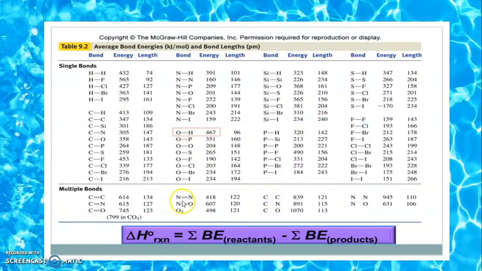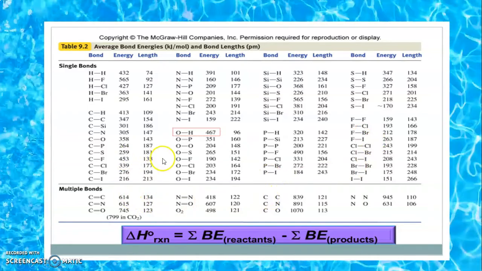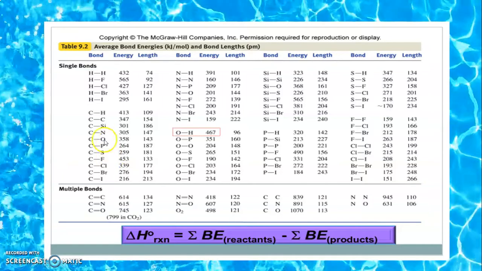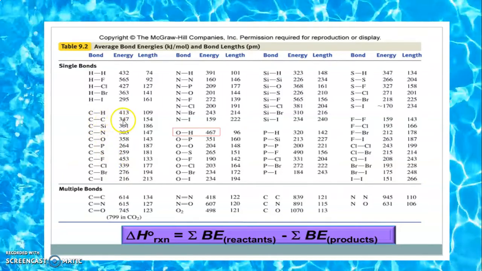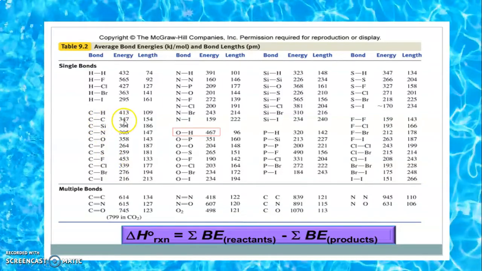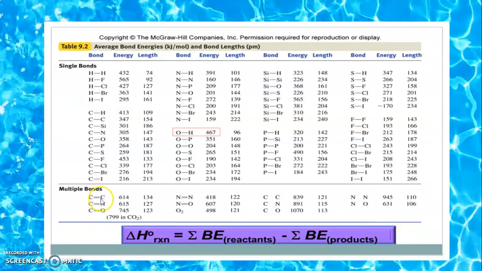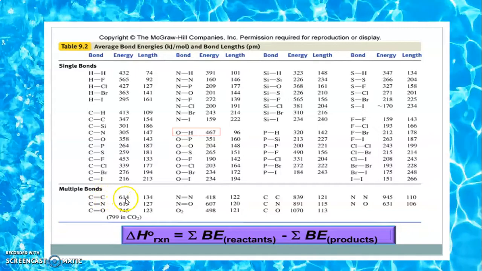Let me show you an example. Carbon single bond: the bond enthalpy is 347 kilojoules per mole. Carbon double bond, 614 kilojoules per mole.